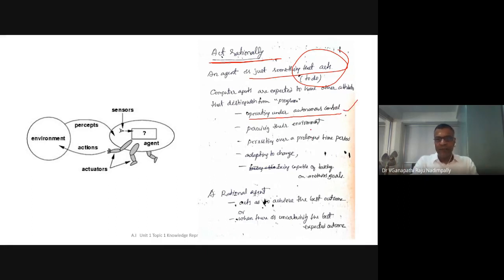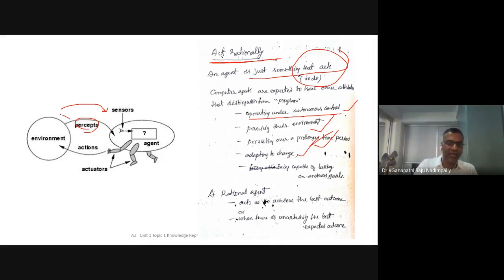Second point is perceiving their environment. Just now we discussed that agents take inputs from the environment. That itself is called perceiving the environment. Third point is persisting over a prolonged time period. It has to be available for a long period of time. Then adapting to changes in the environment.